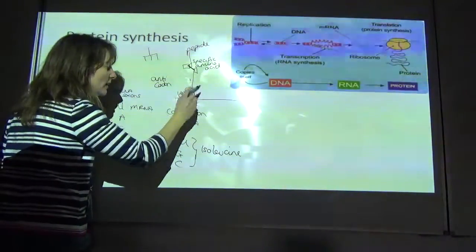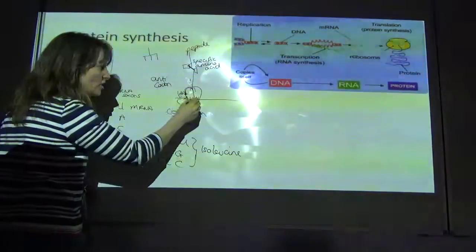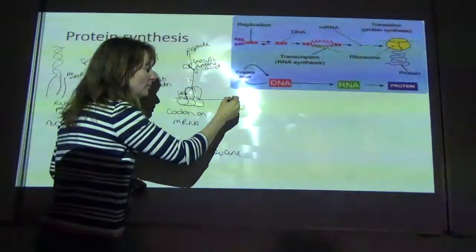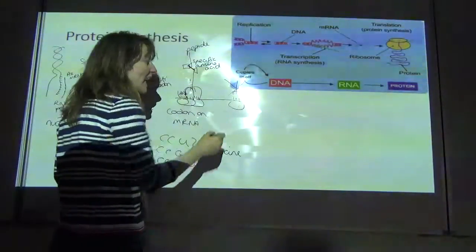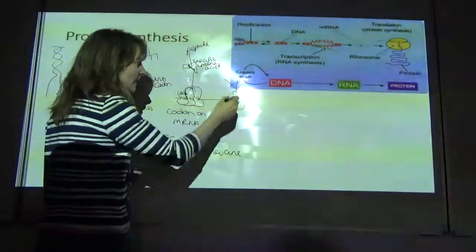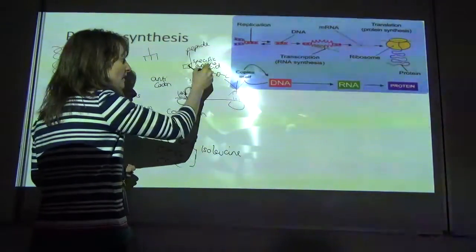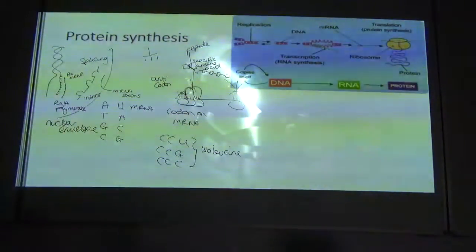The ribosome tracks along the mRNA, highlighting another codon, and it moves along and along till it gets to the end. When it gets to the end, the final codon does not match any anticodon on any tRNA, and as a result, everything detaches and you end up with your polypeptide sequence of amino acids, which is the primary structure of your protein.